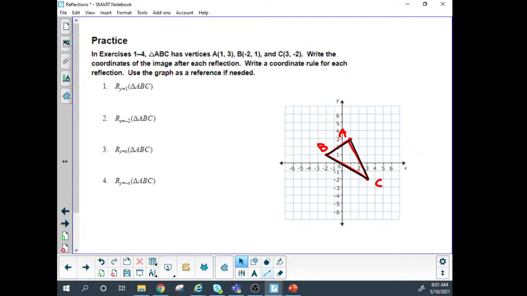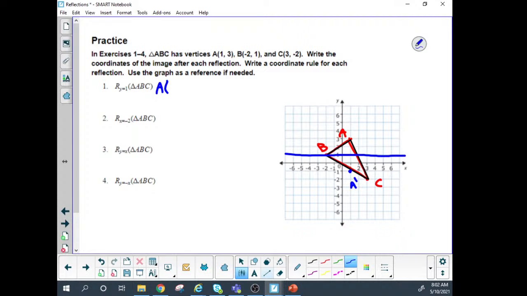So reflecting across the line y equals 1, really similar to what we just did, right? Notice B stays the same. A is going to be 2 units away, so think about what's going to stay the same here, reflecting over a horizontal line. A's at 1, 3. It's 2 units away, so it's going to be 2 units away on the other side.